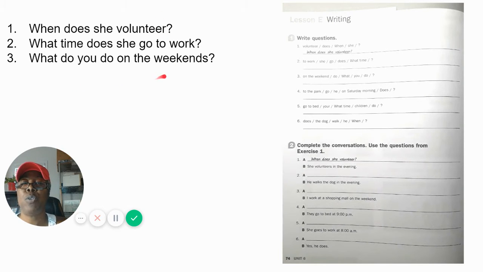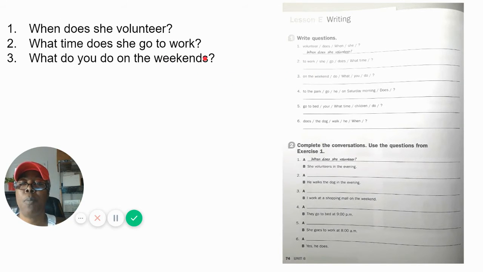So it's what do you do on the weekends? What do you do on Tuesdays? What do you do on Fridays? You know, so you write this in plural form.